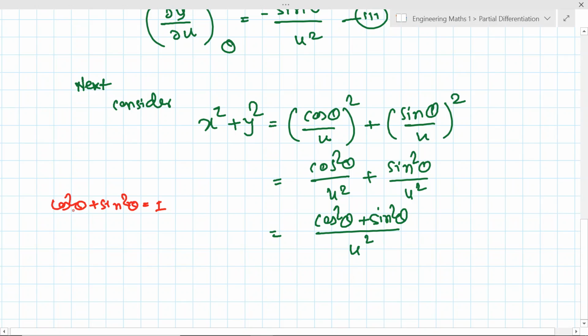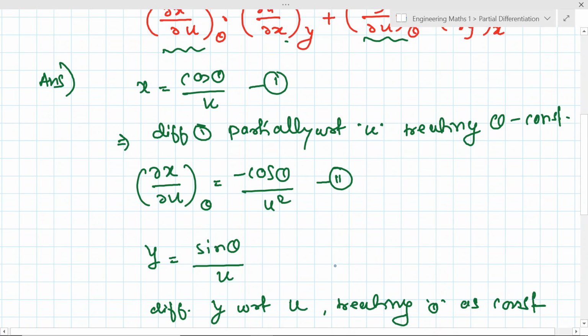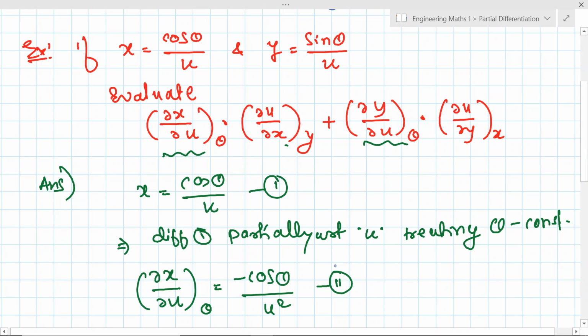This is nothing but 1, and therefore x square plus y square is equal to 1 upon u square. What we want here is del u by del x and del u by del y, treating theta constant.